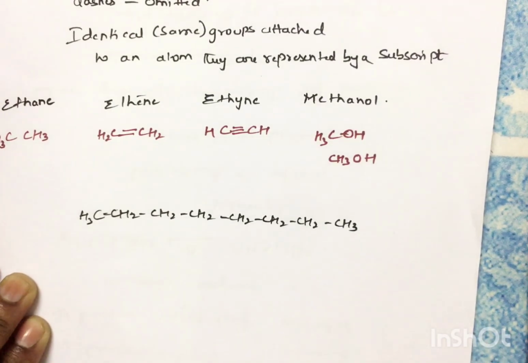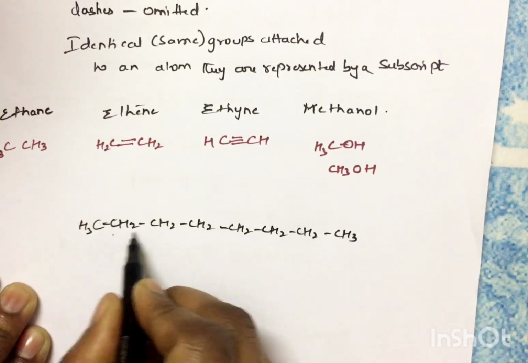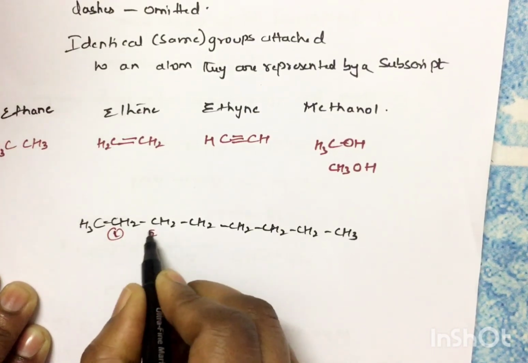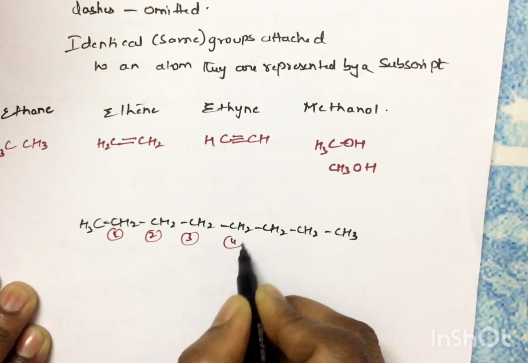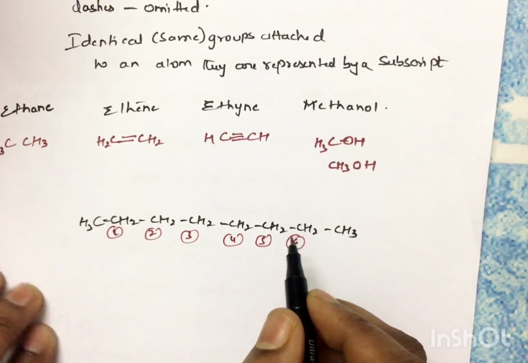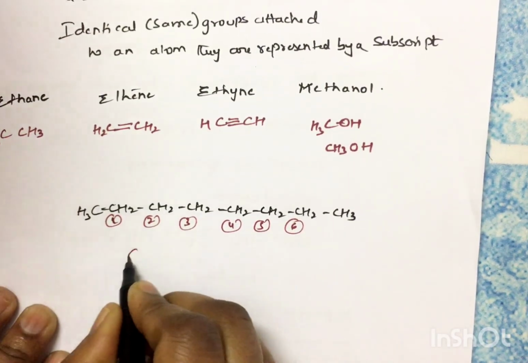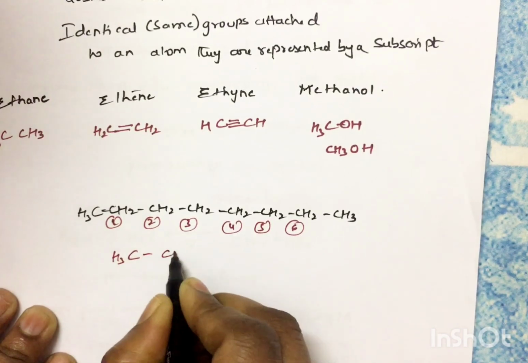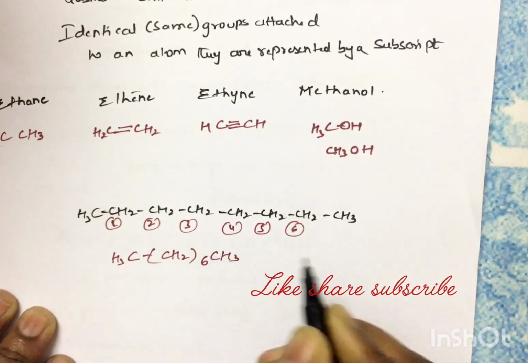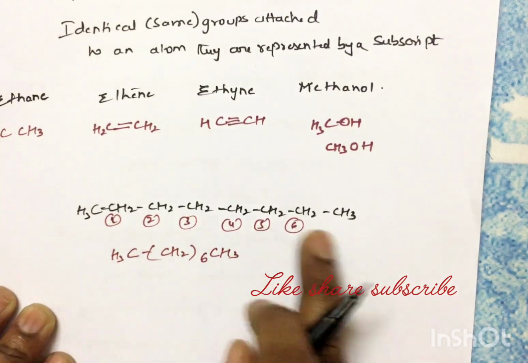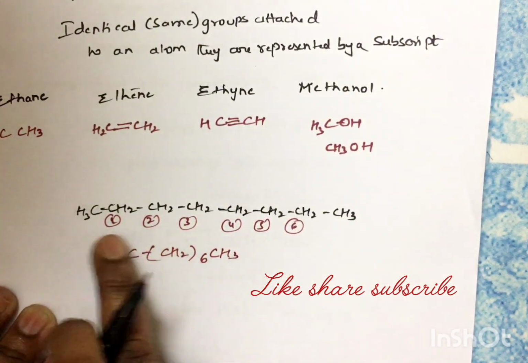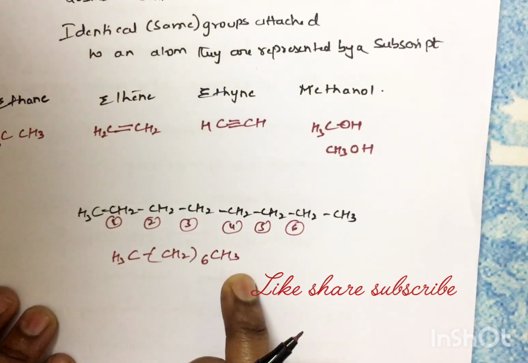Observe that there are identical groups present. See, this is one group, 2, 3, 4, 5 and 6. We have 6 CH2 groups attached. So we can write this formula as CH3, CH2 taken 6 times, CH3. So it can be written in condensed way of representation like this. So this is an elaborated way, but can be written in a condensed way.